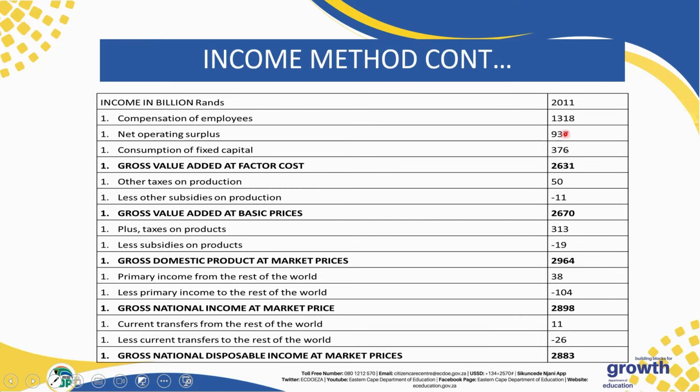Then at the second line, we have the net operating surplus. Net operating surplus consists of all the profits that are made by the businesses. It's revenue minus the costs incurred by a business. So it talks to the factor of production that is entrepreneurship.